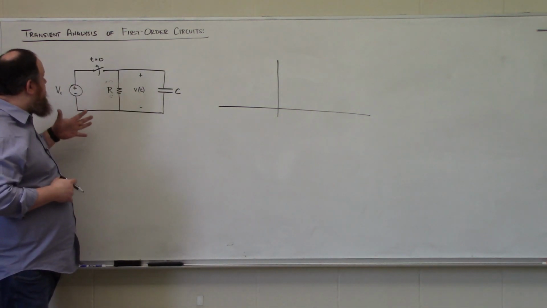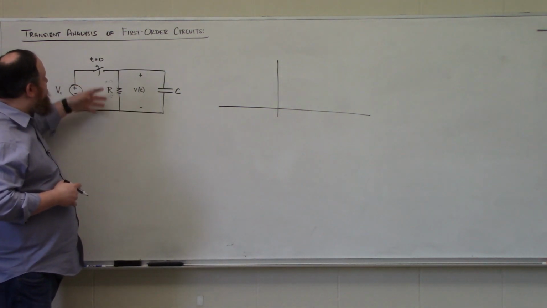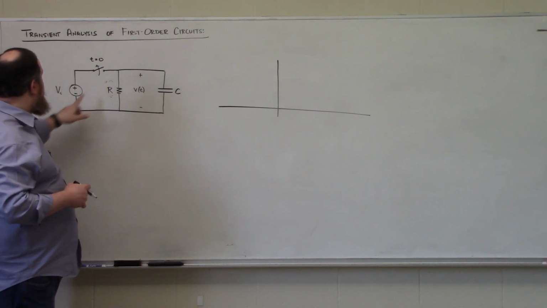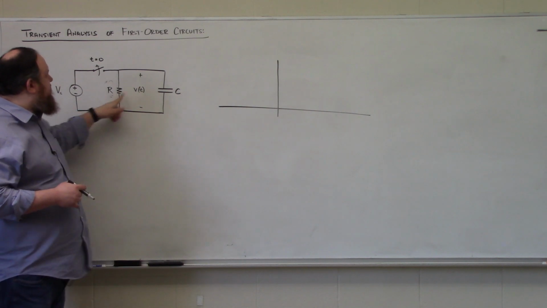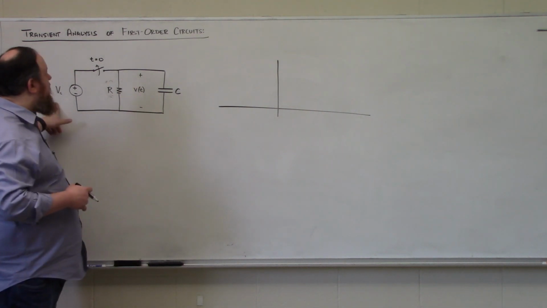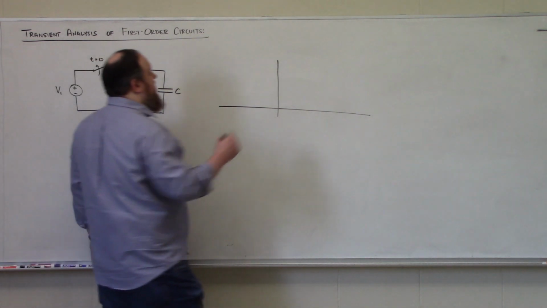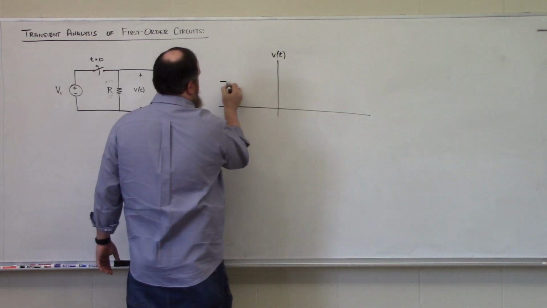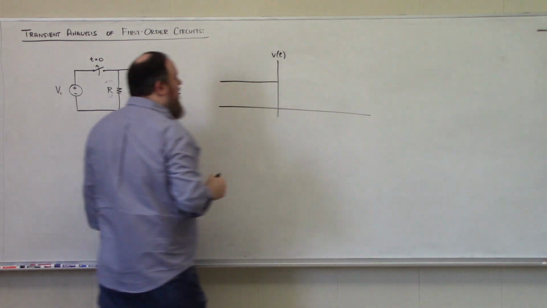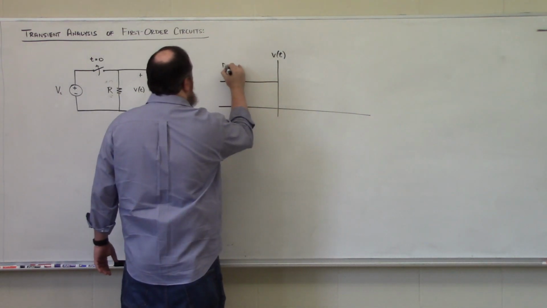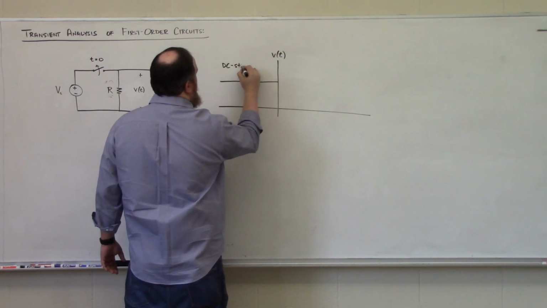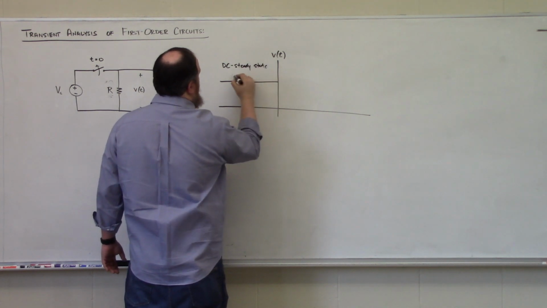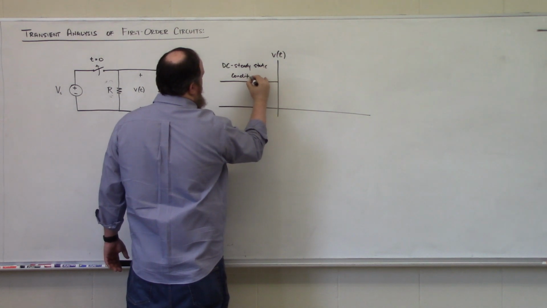Again, it should be intuitively obvious that when this switch is closed, up into the moment right before it opens, the voltage drop over the resistor and the voltage drop over the capacitor needs to be Vs. So it's going to have some constant value. And again, we are seeing a DC steady state condition.